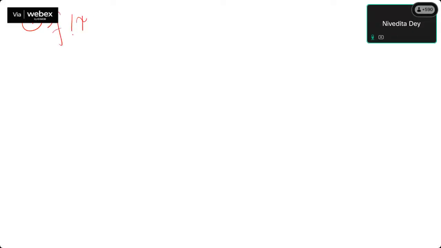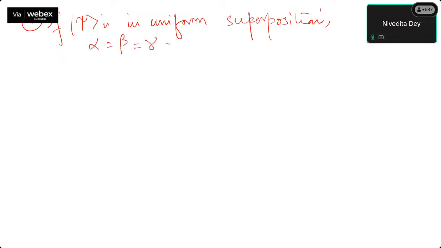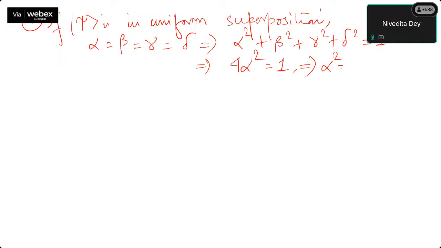If psi is in uniform superposition, that means alpha is equal to beta is equal to gamma is equal to delta, which also implies that alpha square plus beta square plus gamma square plus delta square is equal to 1. So this can be written as 4 alpha square is equal to 1, implying alpha square equal to 1 by 4 and alpha is equal to 1 by 2.